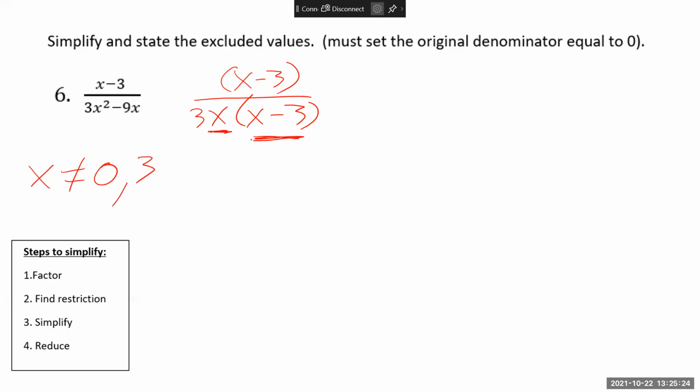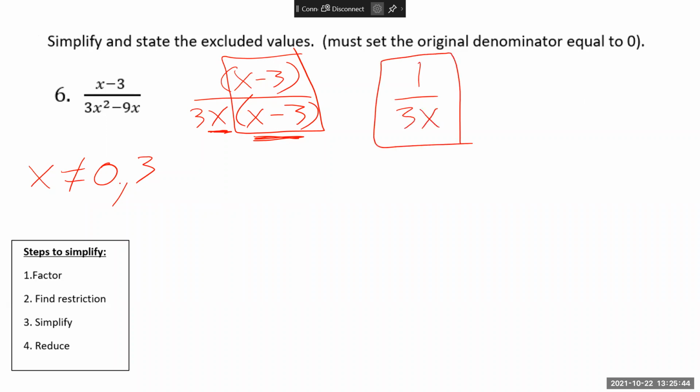So we're back on the notes, right? Does that make sense? So once we've got those, now I can simplify. I see that x minus 3 factor on the top and the bottom. This all reduces to just 1. I'm left with 1 over 3x.